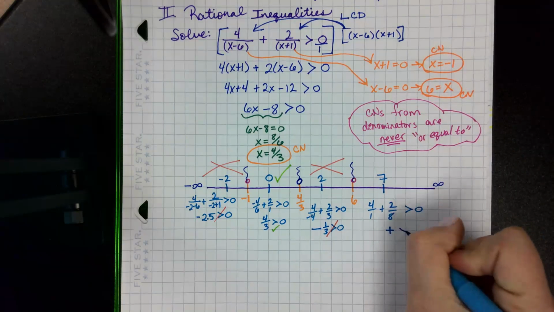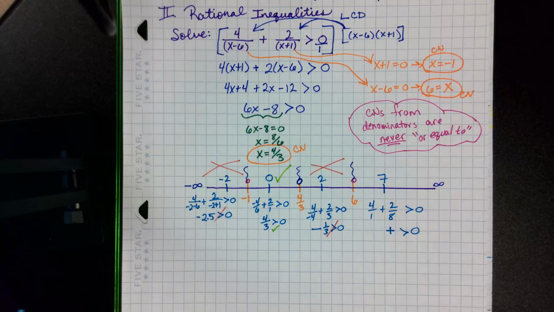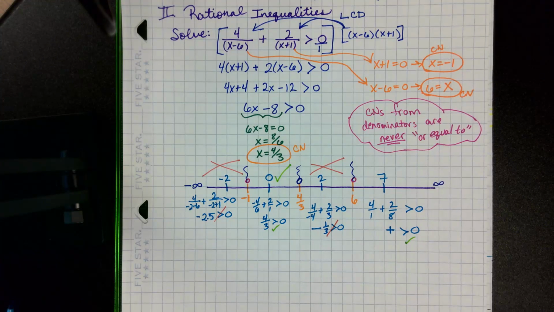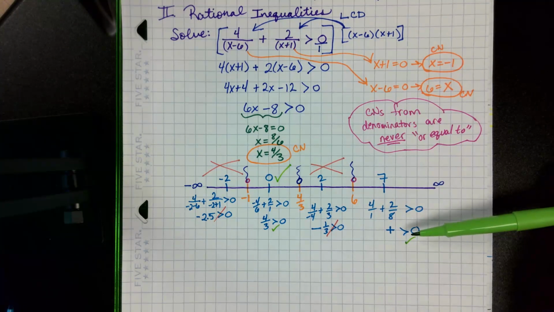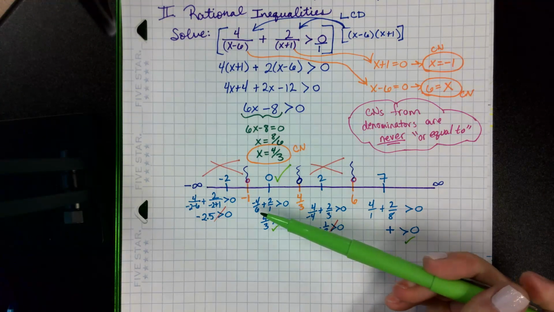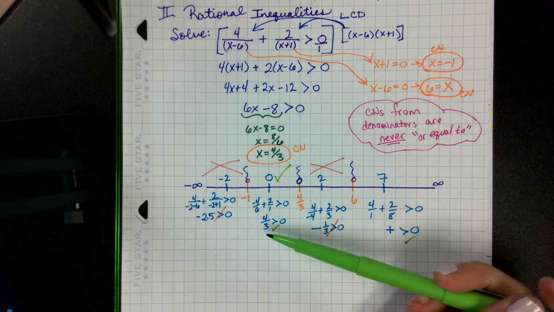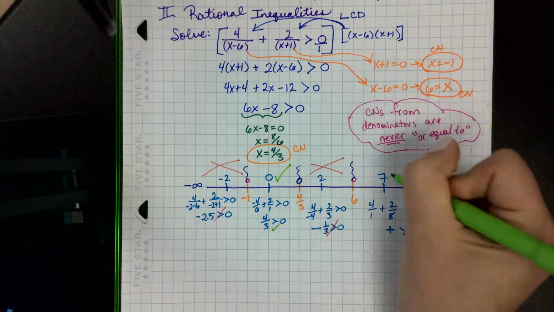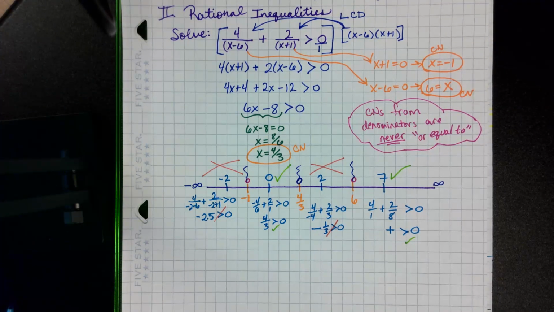A positive is greater than 0. Positives are always greater than 0. So I don't even need to calculate that. Just be careful if you do it this method, because maybe over here on this one, that would have been a little more complicated. Negative plus a positive. It did give me a positive, but you just have to be careful with the numbers. Or go ahead and calculate it out. You just type it in your calculator.